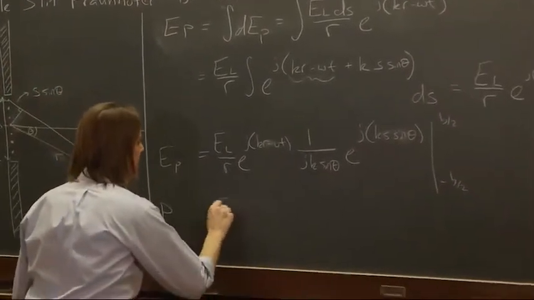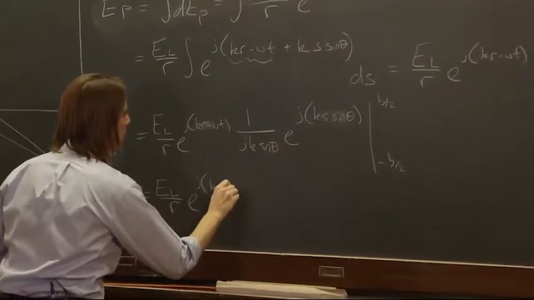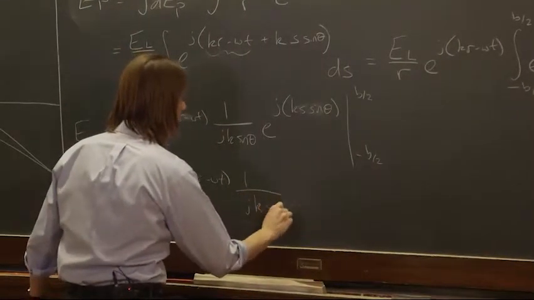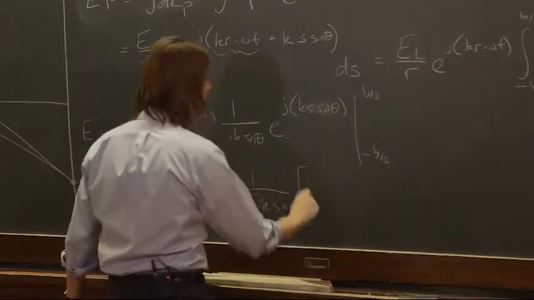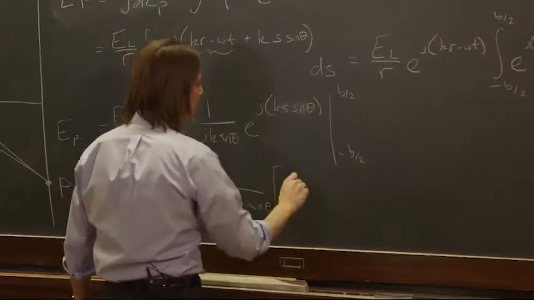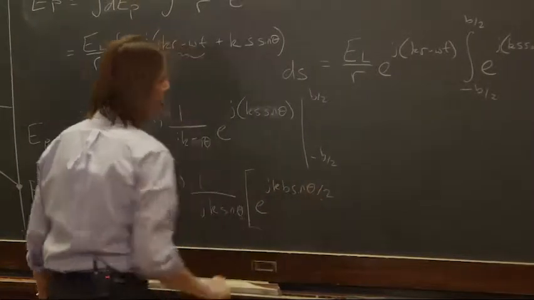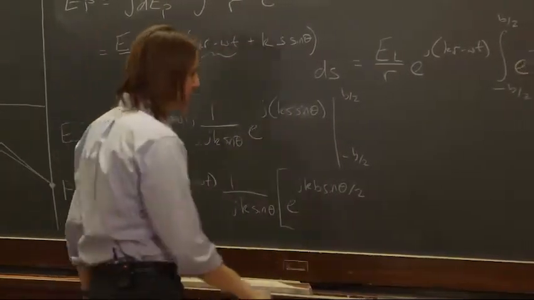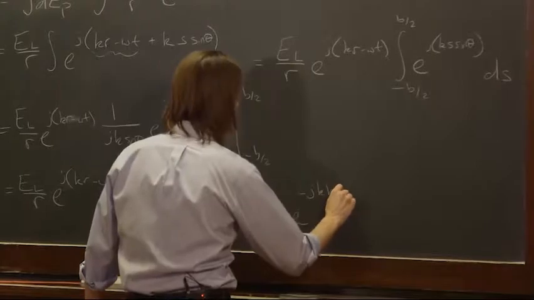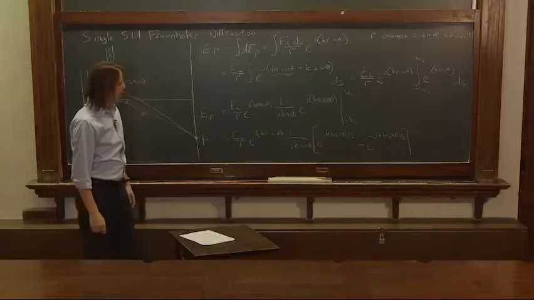We can say this is equal to E L over r, e to the j kr minus omega t, times 1 over j k sine theta without the s, and then times, plugging in b over 2 for s, e to the j k b sine theta over 2, the whole thing over 2, not just the sine theta, minus e to the minus j k b sine theta over 2. And that's far enough for this board.